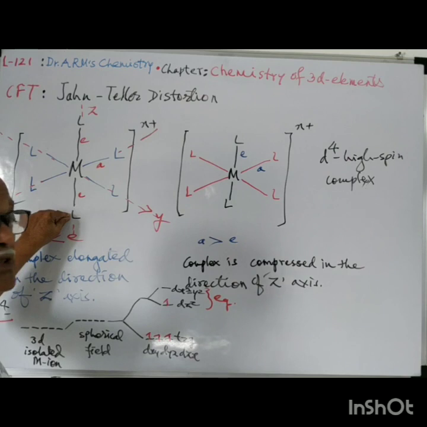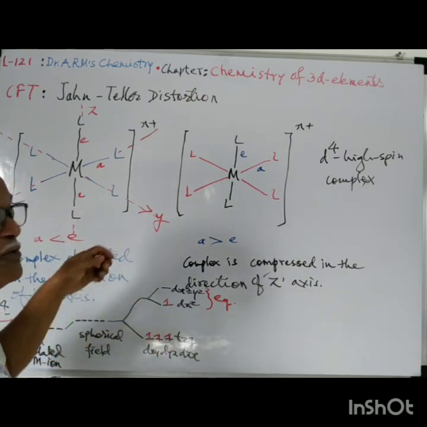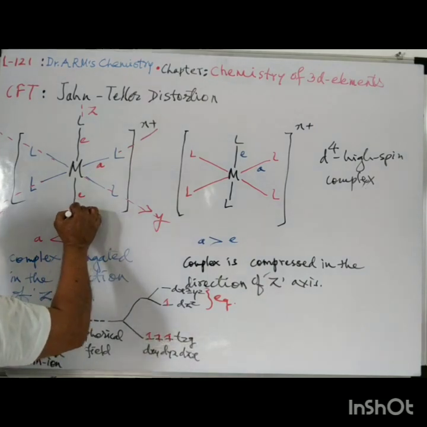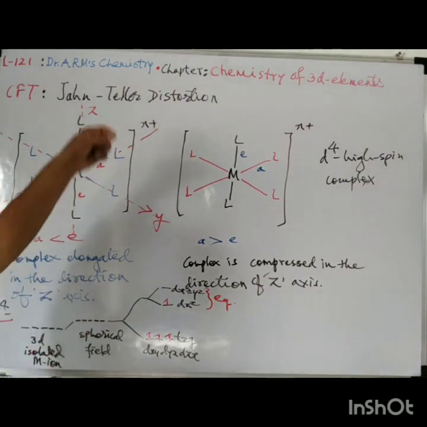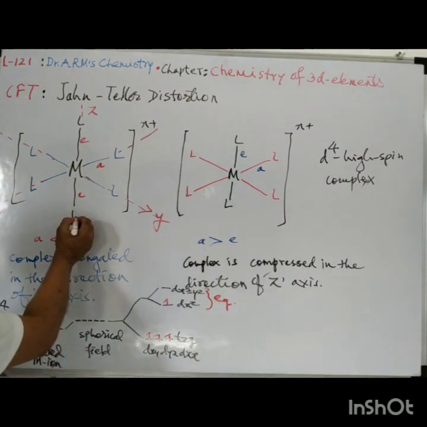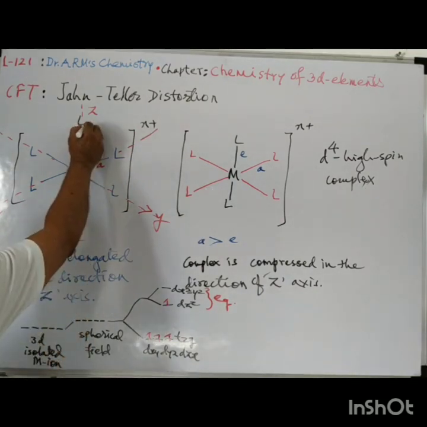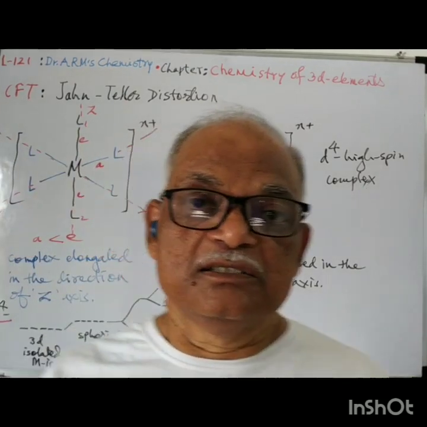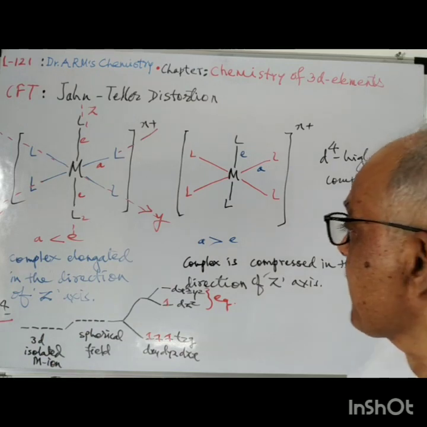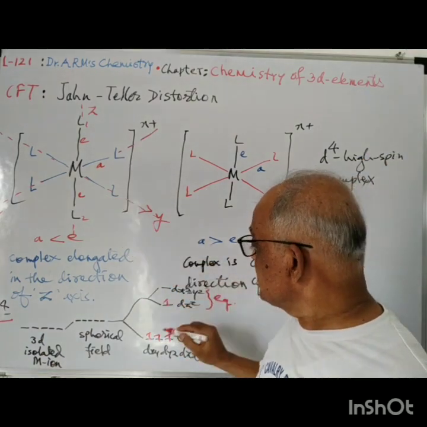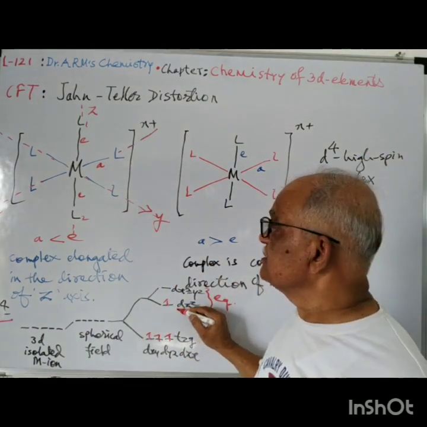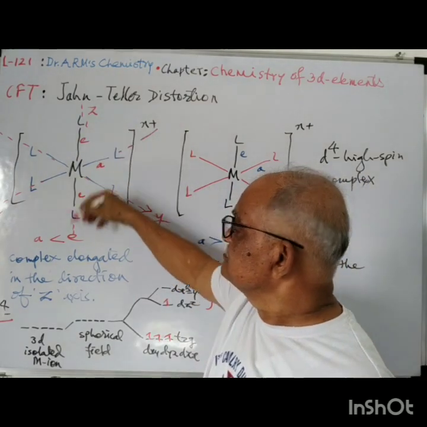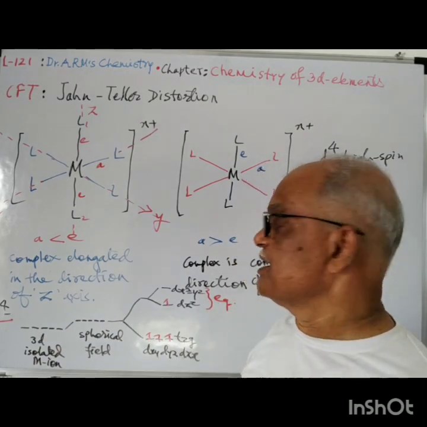As a result, these ligands are moving away from the metal ion. Say this is one and this is two. So these two ligands are repelled away by the electron present in the dz2 orbital. That is why this complex shows elongation in the direction of the z-axis.